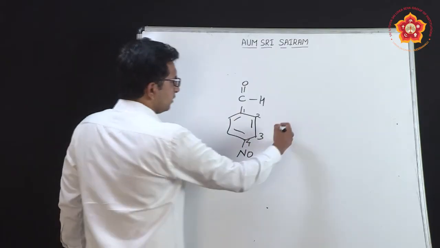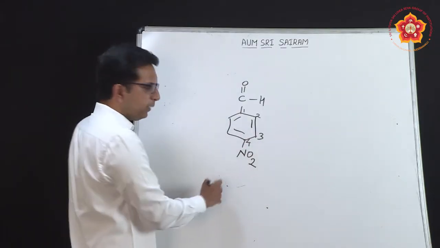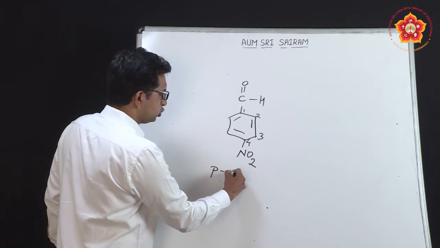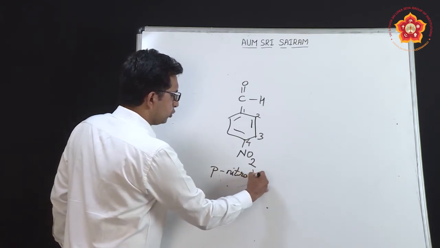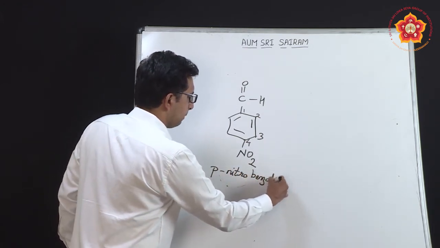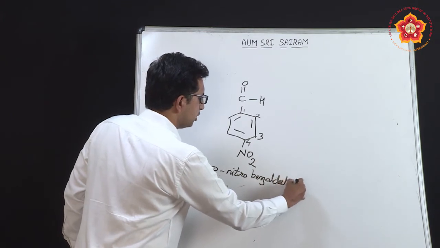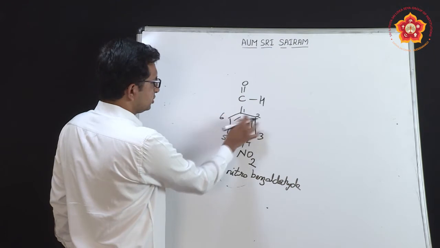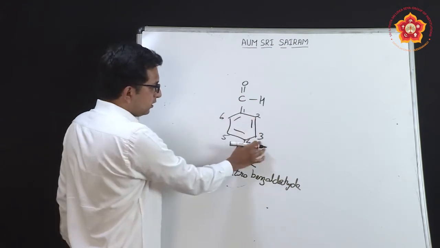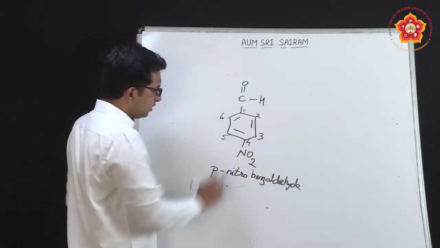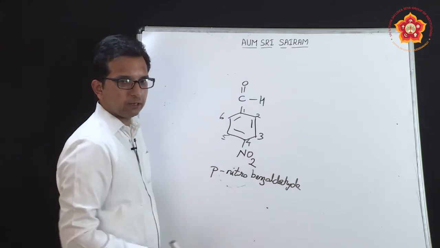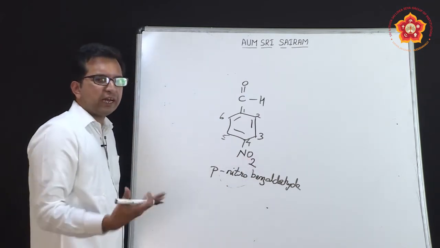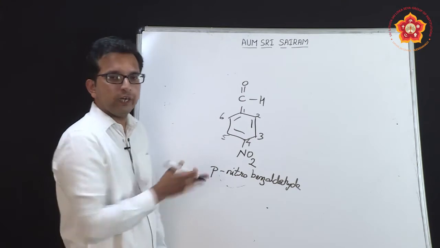Similar to this, it can also have a common naming system where it can be written as para-nitrobenzaldehyde. By common names, the 2nd and 6th positions are called ortho, the 3rd and 5th positions are called meta, and the 4th position is called para. So either name it para-nitrobenzaldehyde or 4-nitrobenzaldehyde.